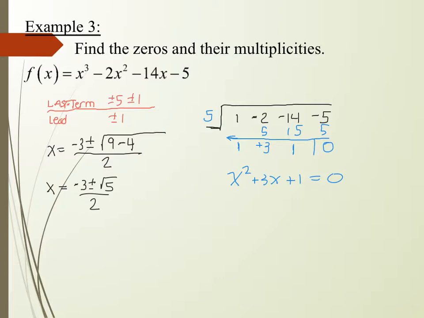Our roots are 5, minus 3 plus square root of 5 over 2, and minus 3 minus the square root of 5 over 2. So sometimes we don't always use synthetic division completely. We may get down to a quadratic term, which may end up with complex solutions, and so that's how we find our zeros.